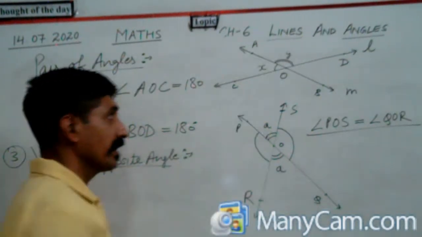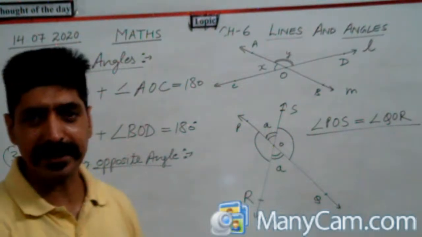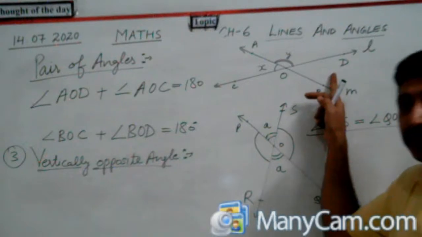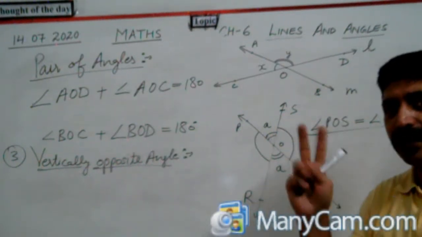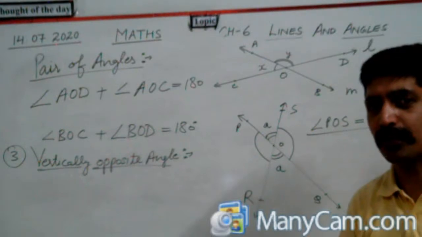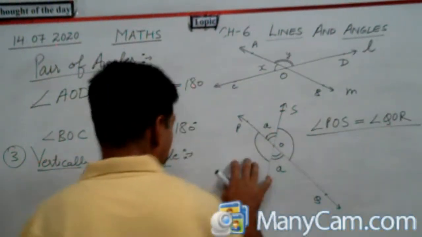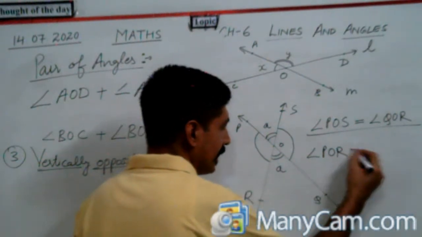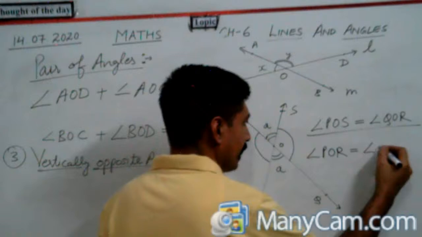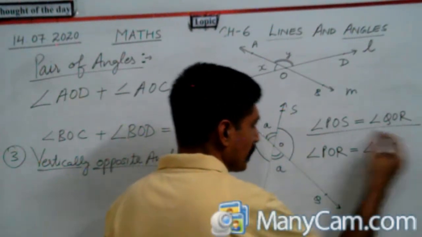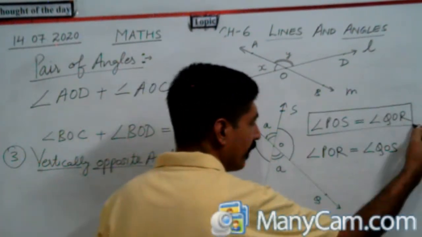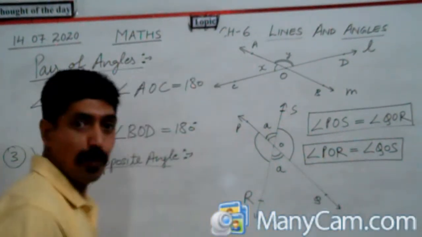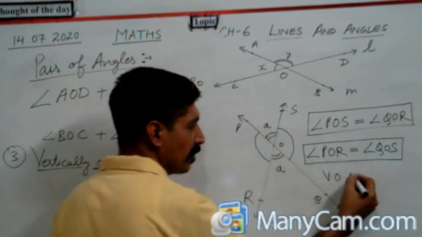So when we take the example of two intersecting lines, we have two pairs of vertically opposite angles, right? Here angle POR is always equal to angle QOS. So we have two pairs.